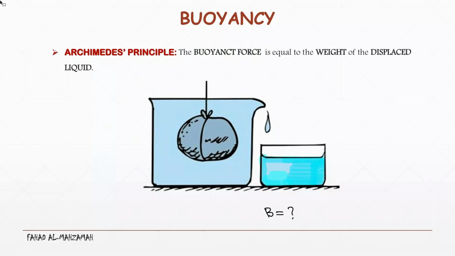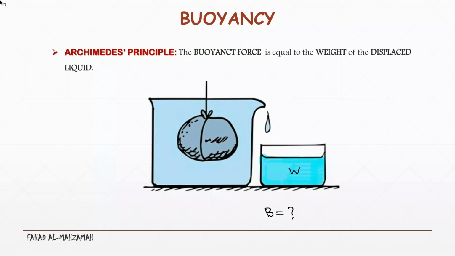The object, when you put the object inside the full cup of liquid, it displaces some liquid. This is exactly the amount of displaced liquid. He said that if you take the weight of this displaced liquid, it is exactly the same as buoyancy.